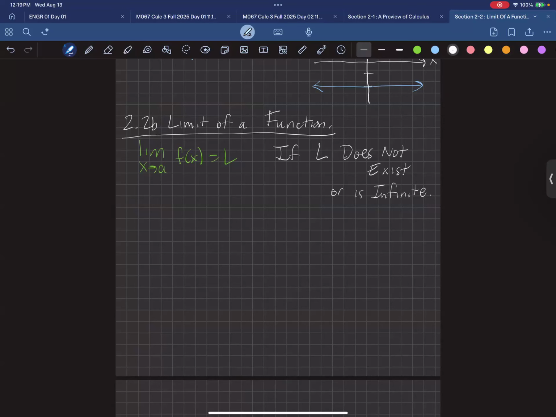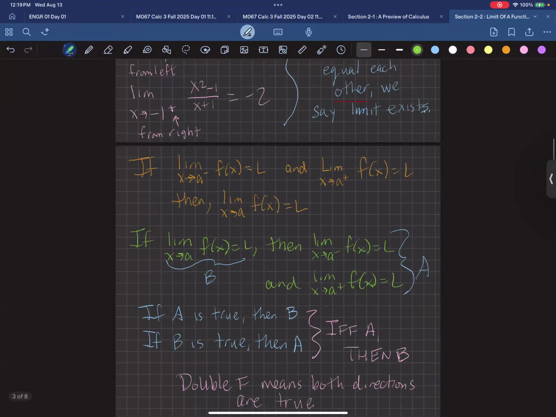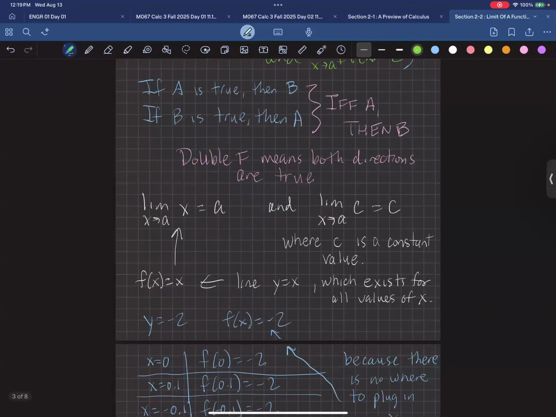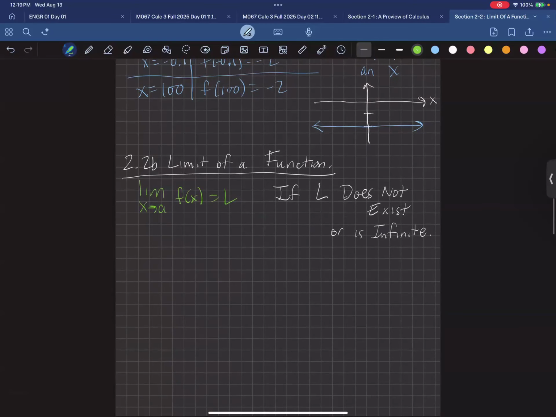All right. So up above, what color did I use? I used blue for g of x. G of x was the absolute value of x plus 1 over x plus 1. And our graph showed this.